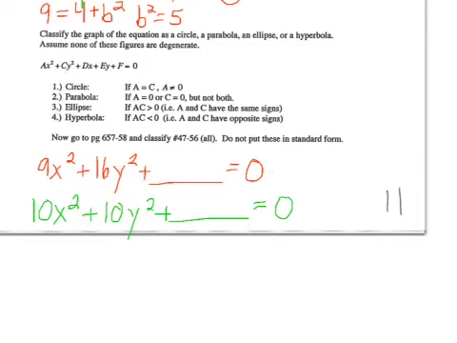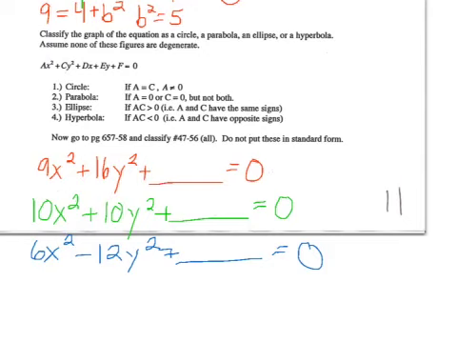If there is a subtraction sign between your x squared and y squared terms, that automatically tells us that we are working with a hyperbola.